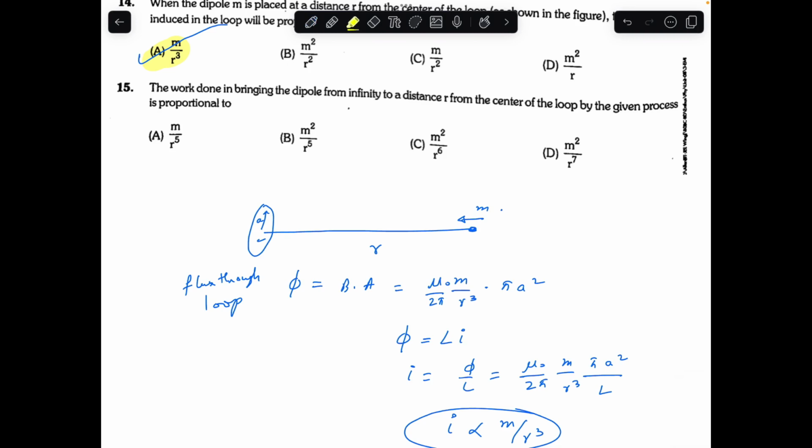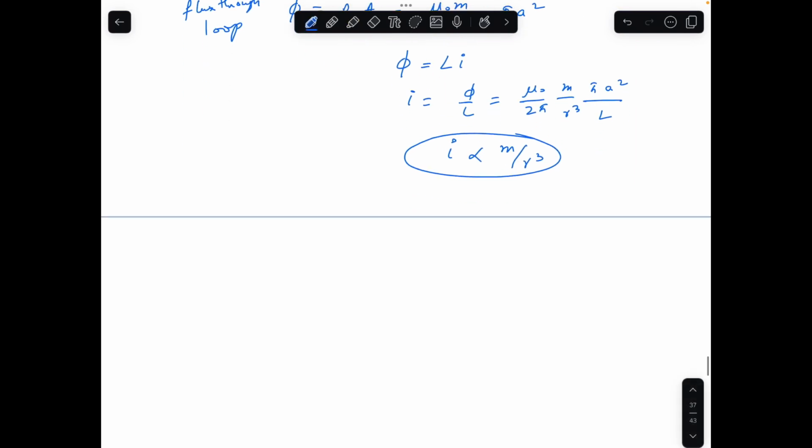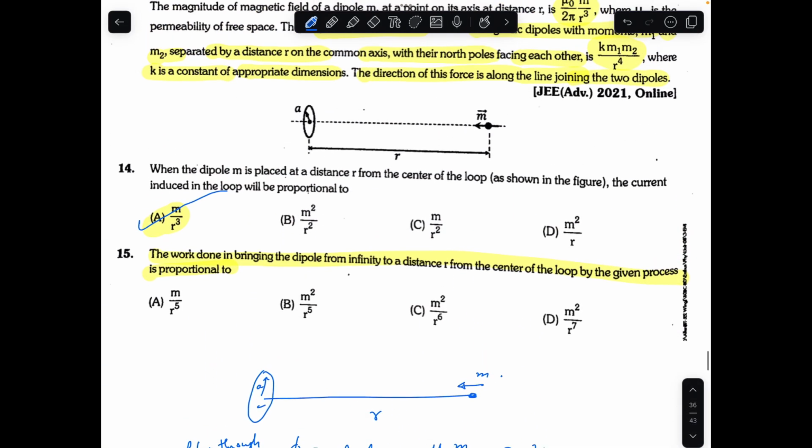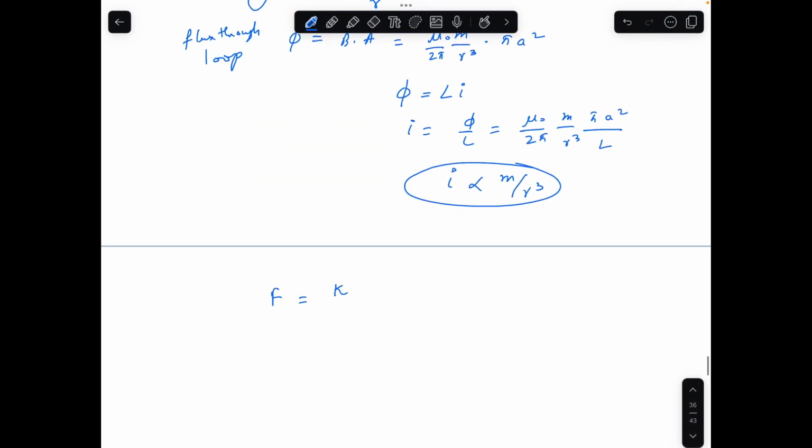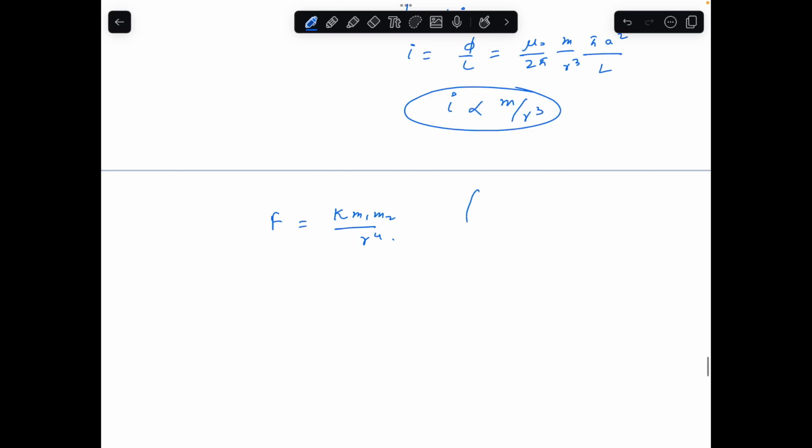For 15, work done to bring in from some distance. Okay, so what is the force they have given? Force is equal to K m1 m2 by r to the power 4.